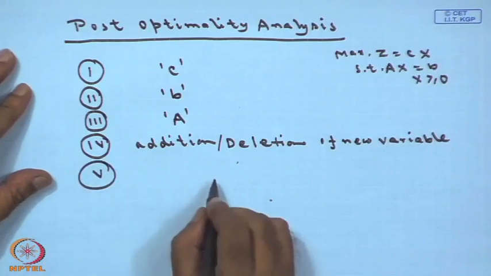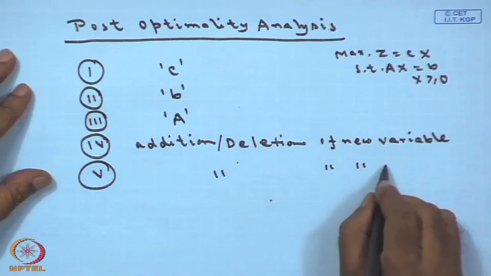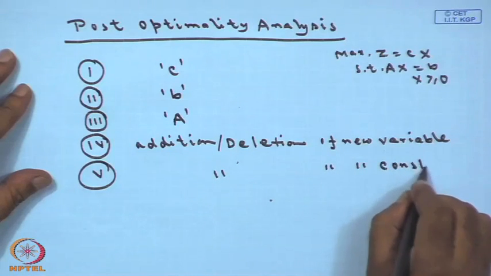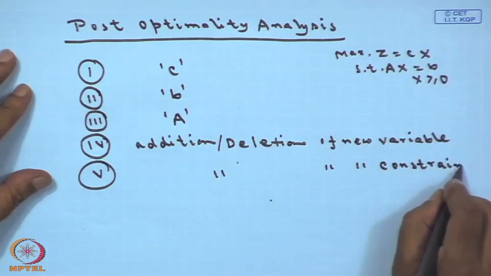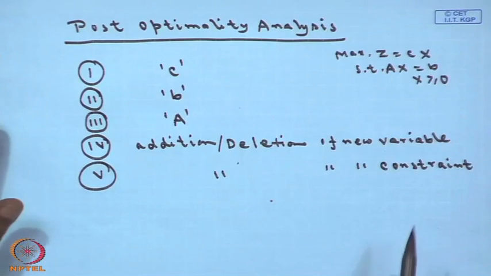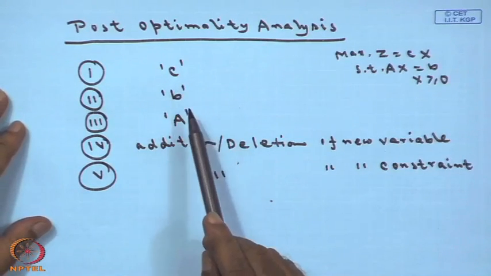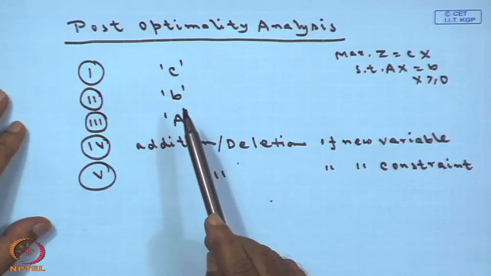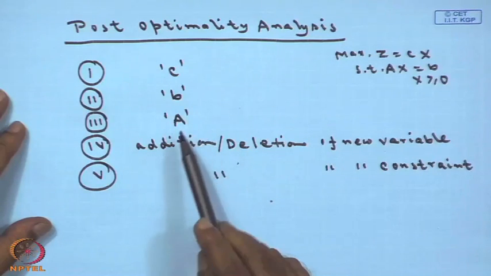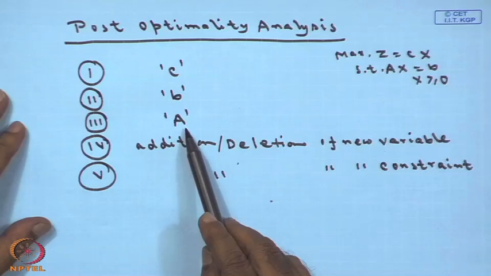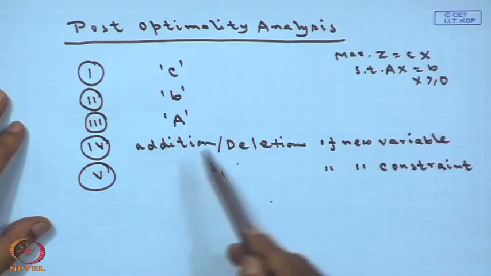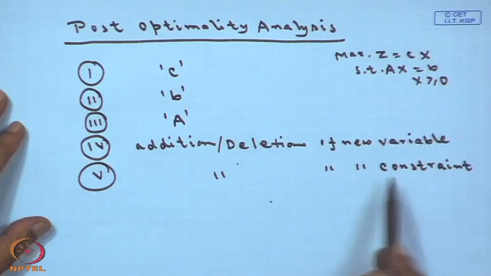Number 5, addition of a new constraint also, this may happen. So, there may be a change in the cost vector C, a variation in the requirement vector B, a variation in the elements of the coefficient matrix A. You may add a new variable, you may add a new constraint.